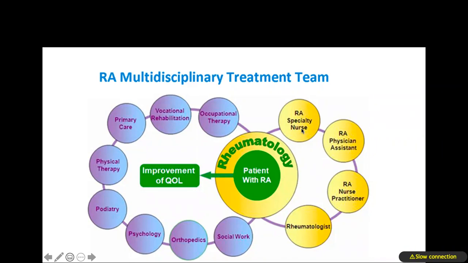In other countries, there is a nurse who links the rheumatology services with the GP practice, and the GP manages the patient in primary care. So this is kind of like the model that we have to manage these patients. If there are any questions, please ask. Any questions?